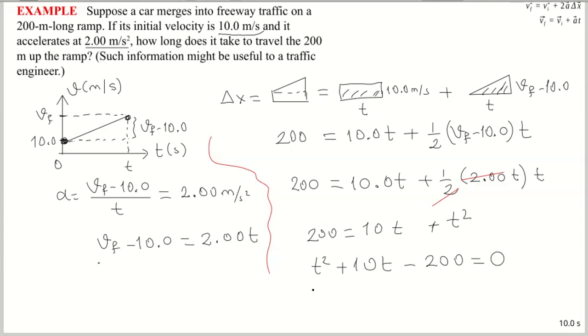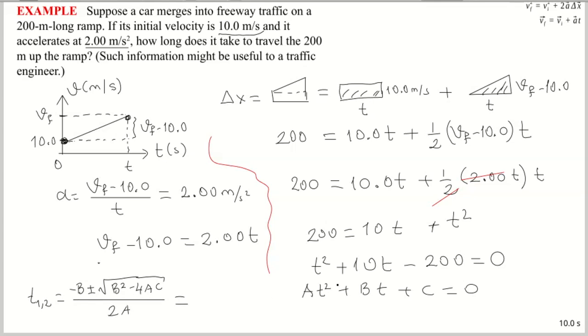So this is a quadratic equation to solve, in the following form: a t squared plus b t plus c equals 0. The solution is t1 and 2 equal minus b plus or minus the square root of b squared minus 4ac, over 2 times a.